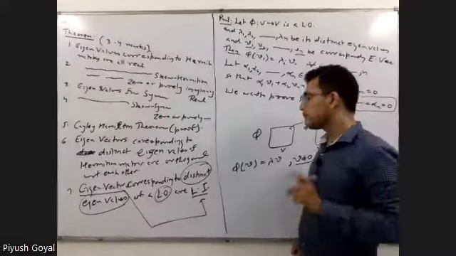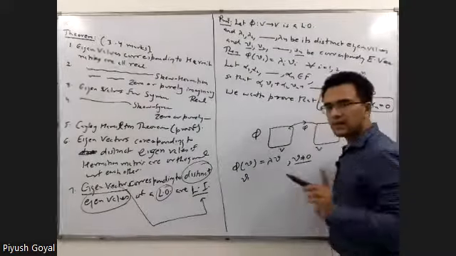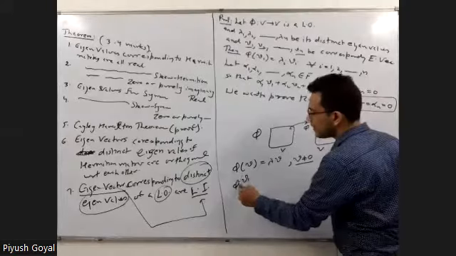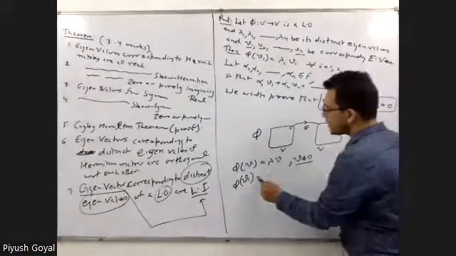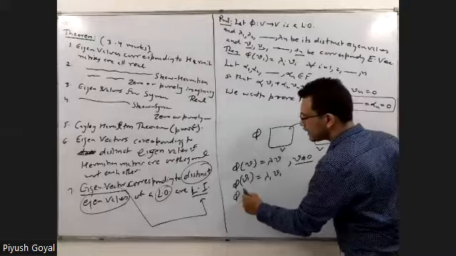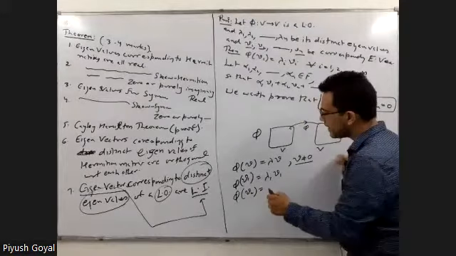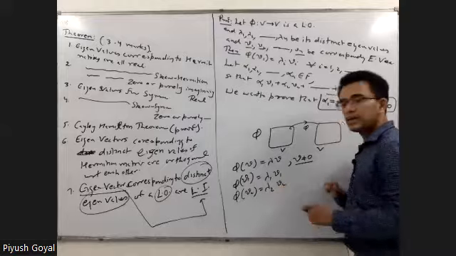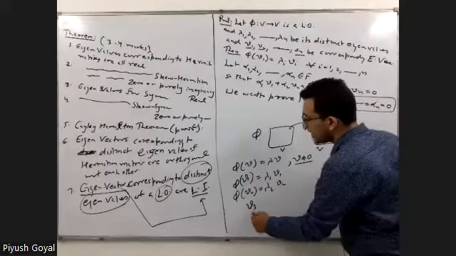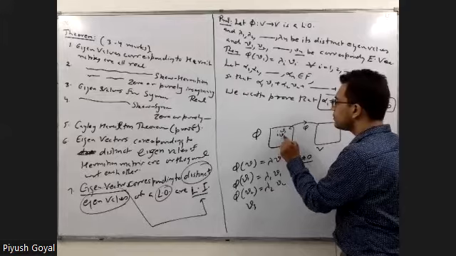You know this. Now, this is one vector v1. When I apply phi on it, it becomes lambda 1 v1. Then we have another vector v2. I apply the linear operator on it, and it becomes lambda 2 v2. Then I have another vector v3. I am finding these vectors v1, v2 up to so on.